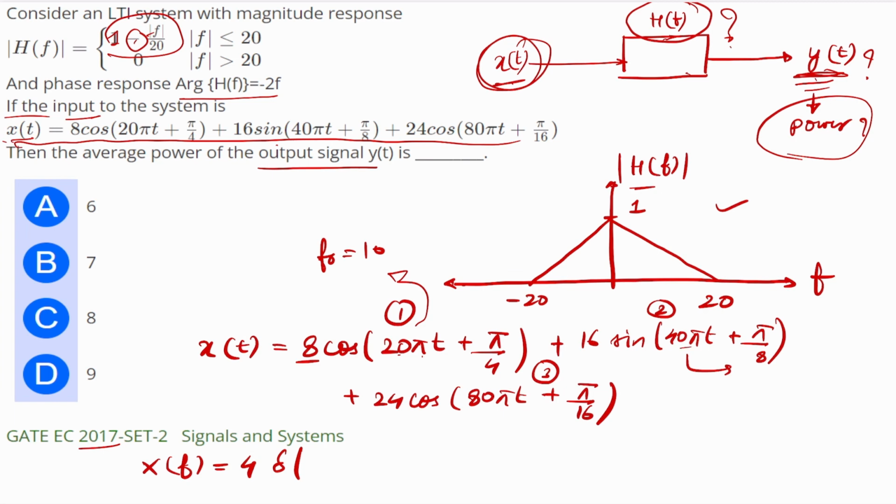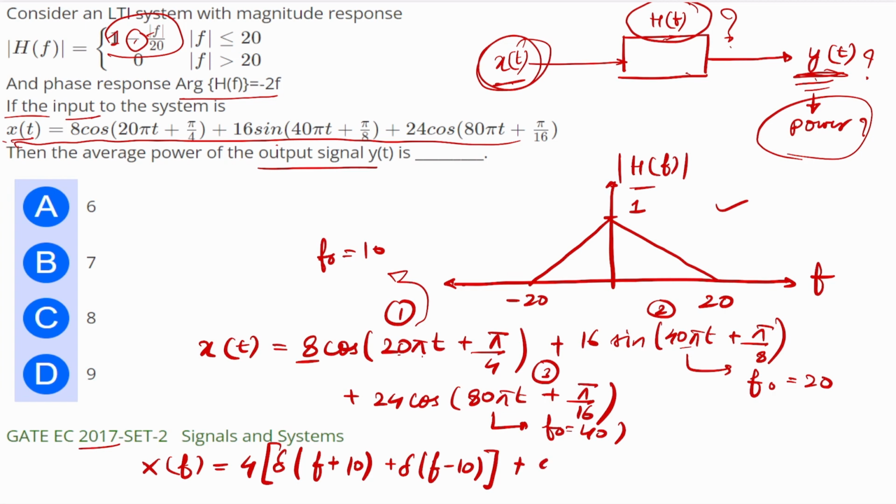For the second one, because it is 40 pi t, f naught will come out to be 20, so we get 8 [delta(f + 20) - delta(f - 20)], with the j factor.